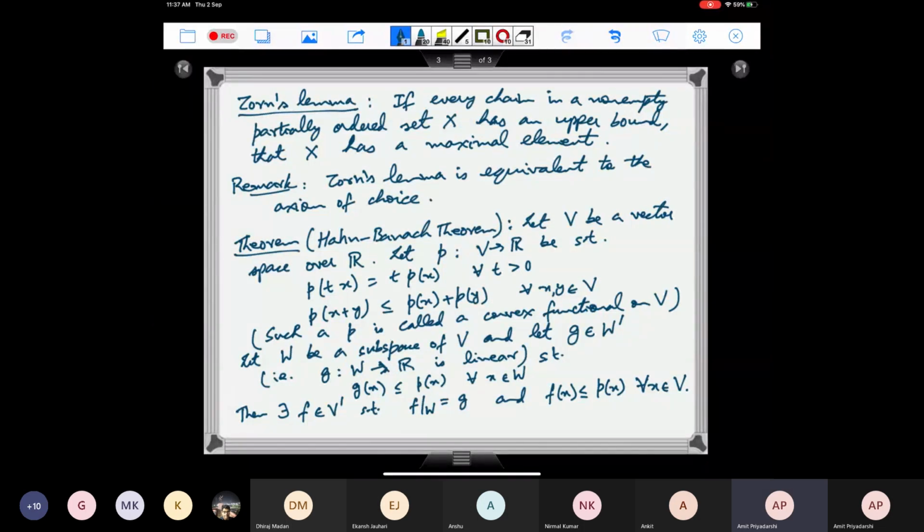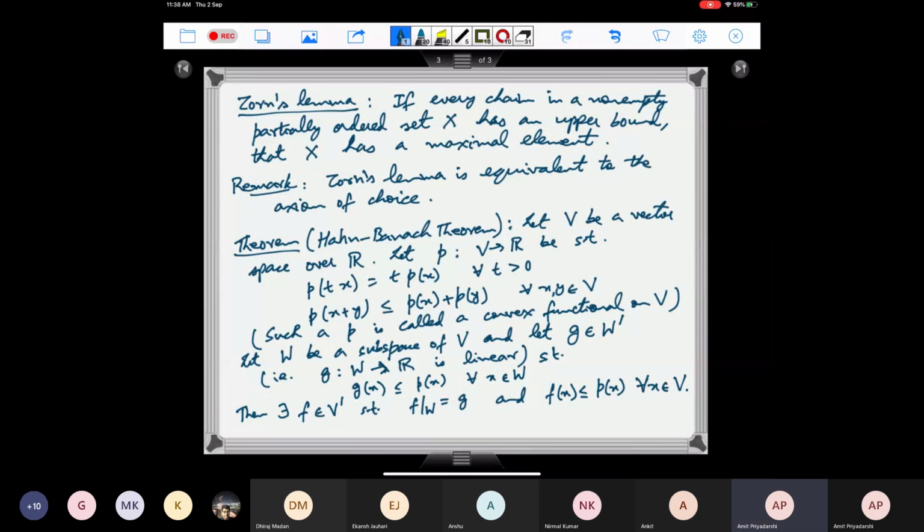So let's try to understand the statement again. We have any vector space and P is a convex functional on V. And now if I have any subspace W and there is a linear transformation from W to R, so a linear functional on W which is dominated by this convex functional P, so G of x is less than or equal to P of x for every x in W, then we are saying that this G can be extended to a linear functional on V, which is also dominated by this convex functional P. So there exists F such that F of x is the same as G of x if x belongs to W, and F of x is less than or equal to P of x for every x in V. Is it okay?